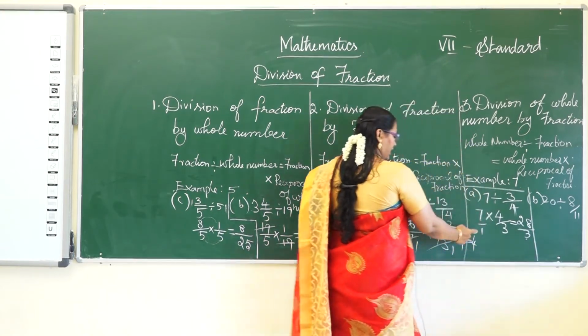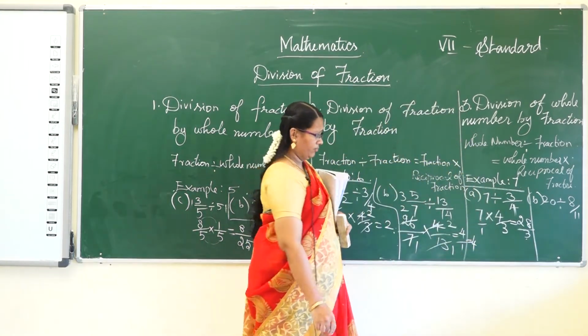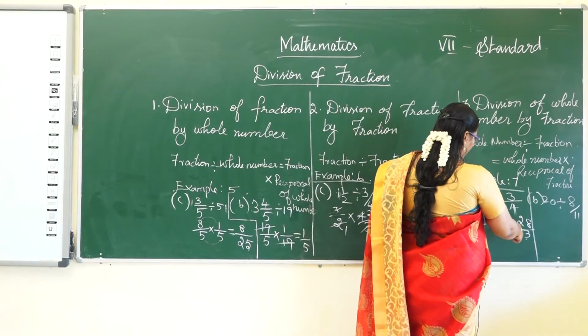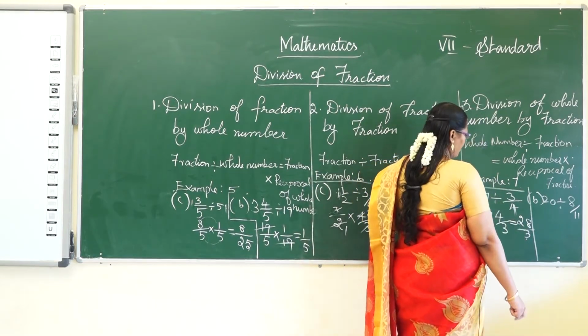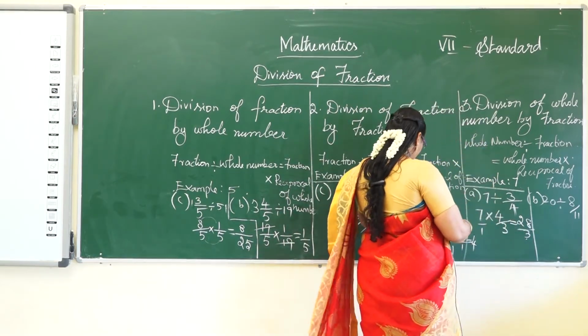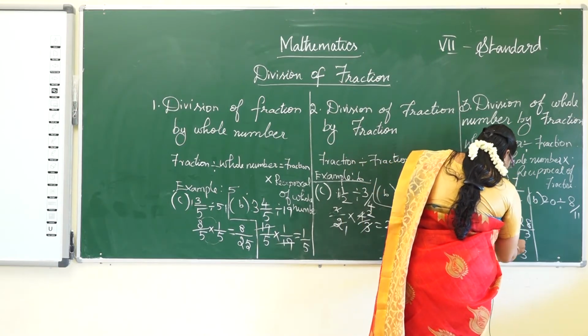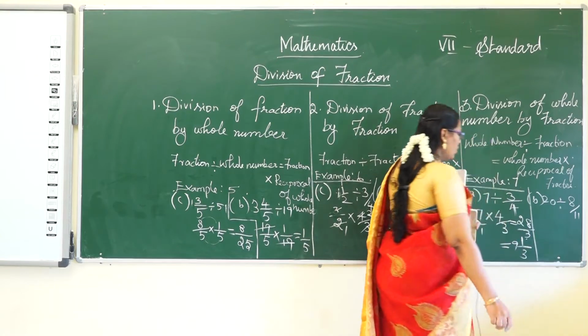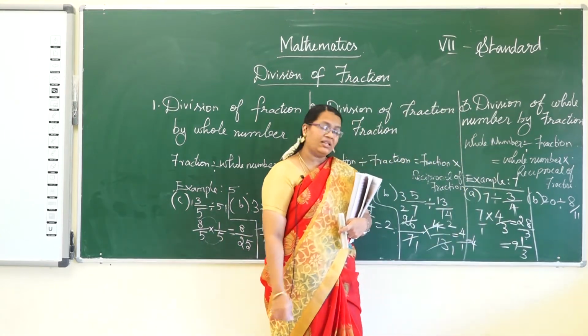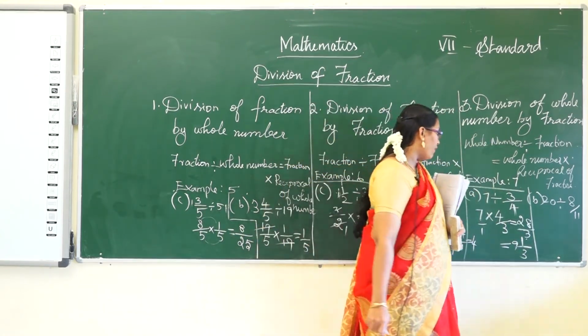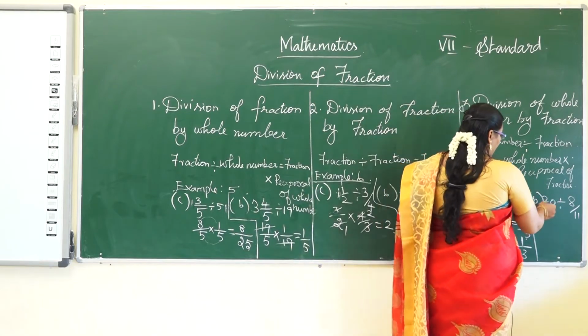Here the denominator is considered 1. So it cannot be cancelled in the 3 table; it's not possible. Okay, we can write this as a mixed fraction. What is the value? 3 9s are 27 plus 1 is 28. So 9 1 by 3, the mixed fraction we can write. Okay, give it 1.